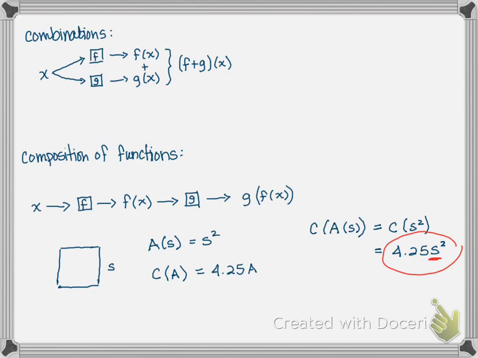So that's where this comes into play, is that often we have several relationships that relate several different variables, and if we can take compositions of the functions, we can go from one variable all the way to another without having to go through multiple functions just by writing a new function. So let's do a few of these.